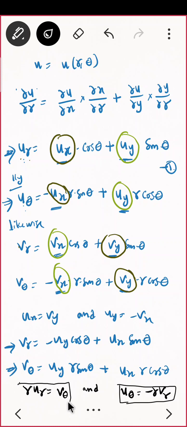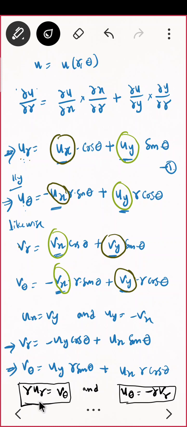Is the proof clear to you? Just go back and check. R Ur is equal to V theta, and U theta will be minus r Vr. So whichever way you want to remember it, you can remember this.